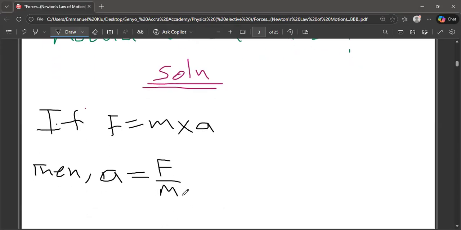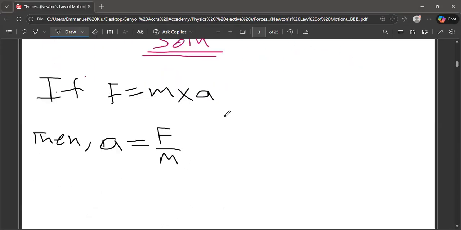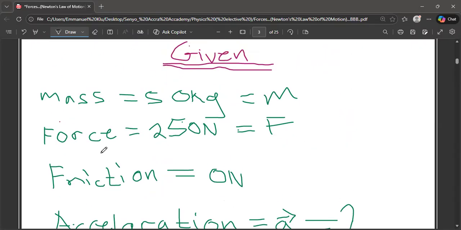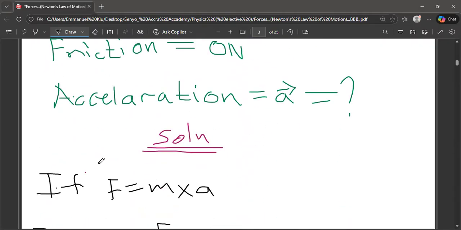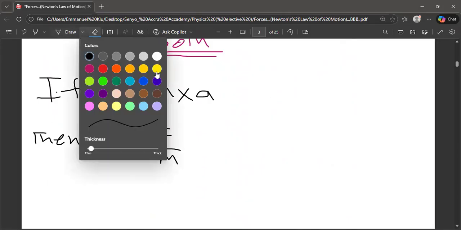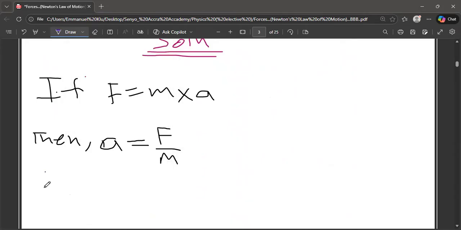Do you believe this? Yes. Force over mass. So finally, that implies that we can now pick our acceleration and do substitution. From substitution, what are we going to get?